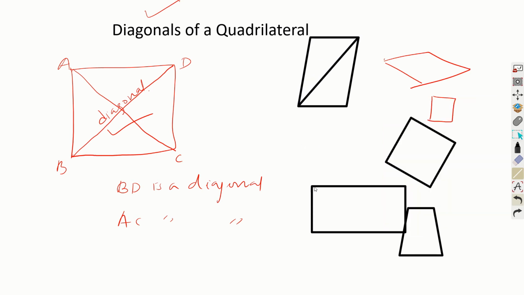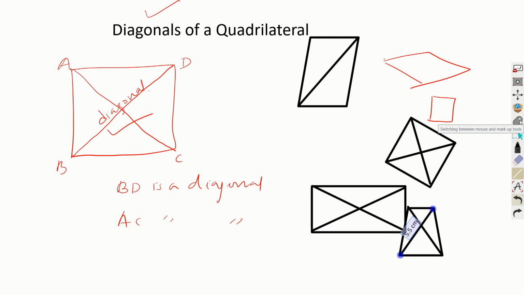Diagonal here, diagonal in this, one more diagonal in this. Diagonals are possible in every case. Diagonals connect the opposite vertices of a quadrilateral. Understood?